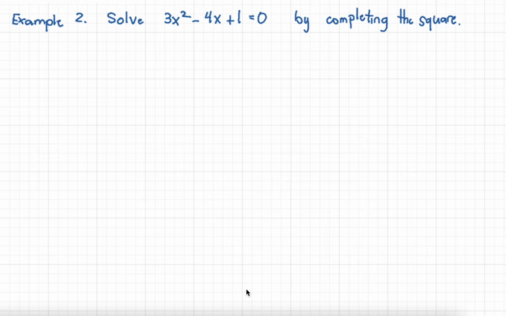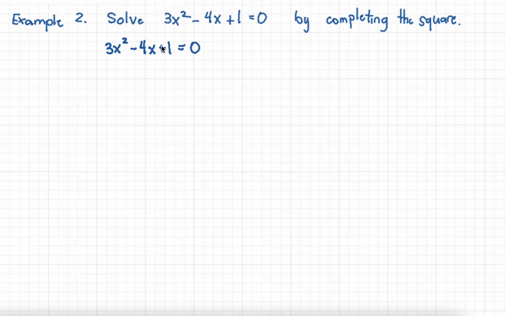Okay, now let's have example number 2. Solve 3x squared minus 4x plus 1 is equal to 0 by completing the square. So first, let's rewrite our given. So we have 3x squared minus 4x plus 1 is equal to 0.